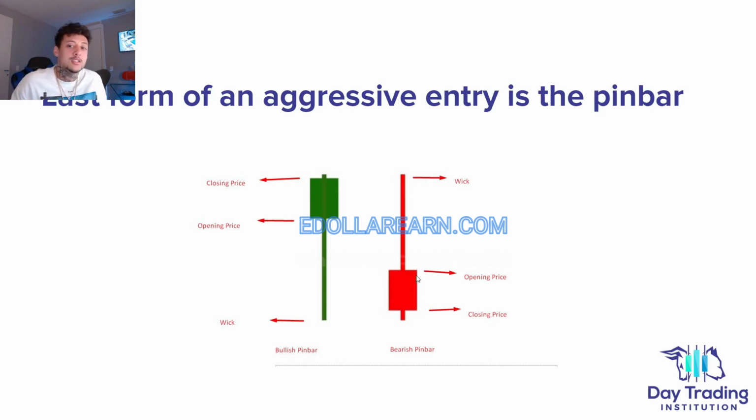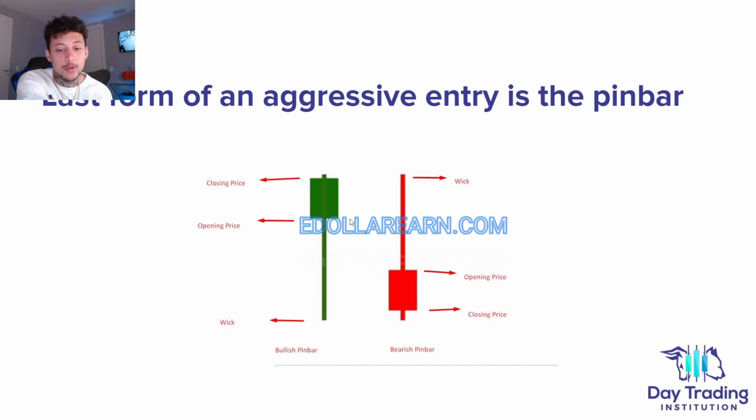I like to call these the in between the aggressive and the conservative form, because you're buying or selling in the same direction as the candlestick closure, unlike the true aggressive entry where you're buying or selling with the opposite candle, right? Would be selling with a bullish candle and would be buying with a bearish candle, right? So the pin bar is kind of right in the middle here, right?